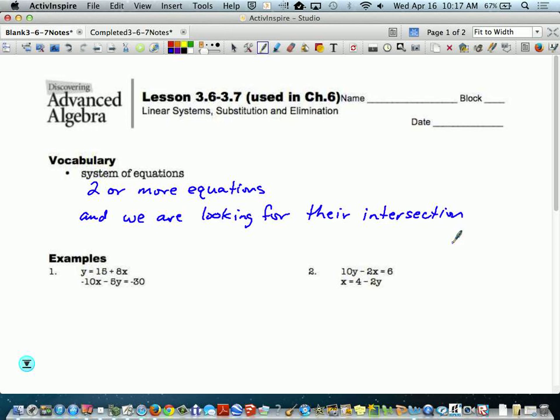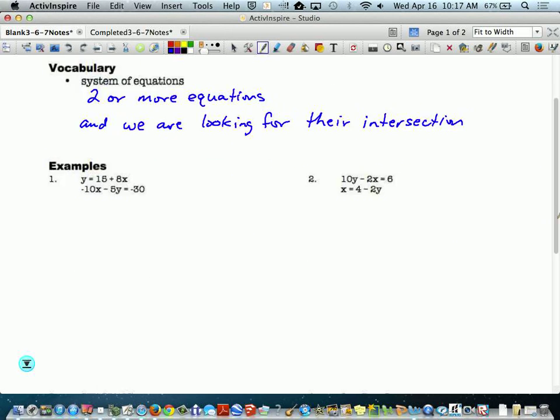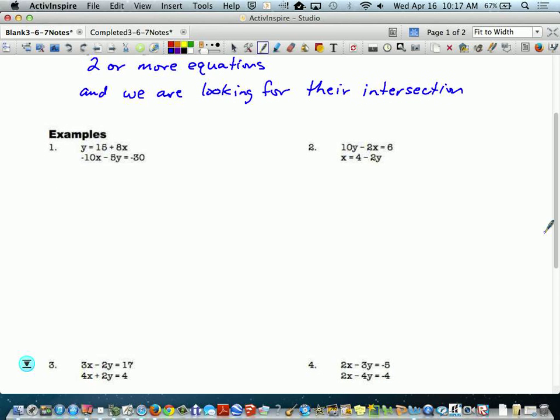So in this first example, this would be set up for substitution. And so what I'm going to do is, because one of the variables is already by itself, I'm going to take this 15 plus 8x and substitute it into the second equation. So I'm going to bring it in and put it right there for that y value.